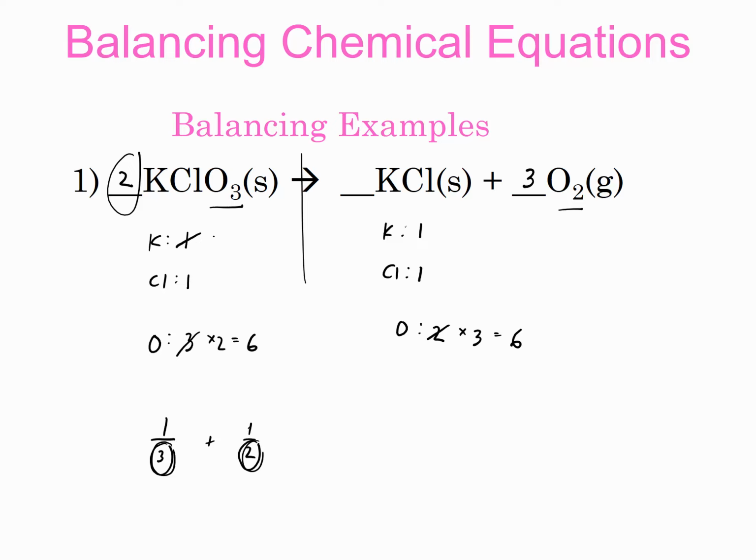So this is now 2, and this is now 2. We can easily fix that by putting a 2 over here on this side. Now this is 2, and this is 2, and it's balanced.